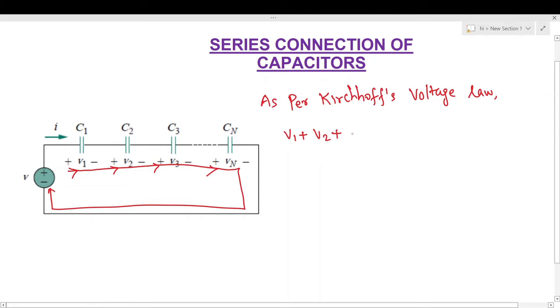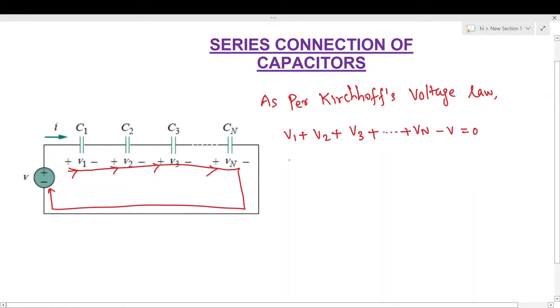All values will be positive, so V3 plus up to plus Vn, and finally the arrow meets the negative terminal of the supply voltage, so we will write the supply voltage is negative, which is equal to 0.